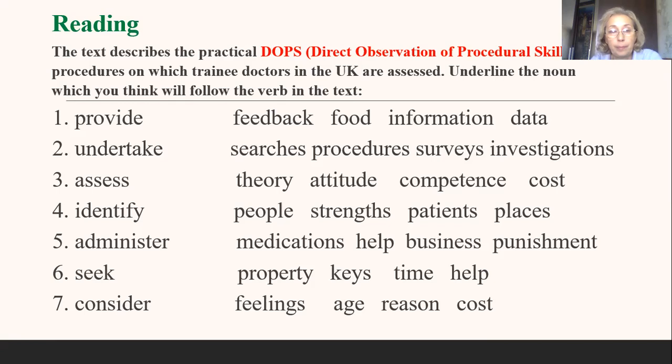Undertake procedures. Yes, undertake procedures, great. Well, Rohita, please. Assess competence. Yes, assess competence.